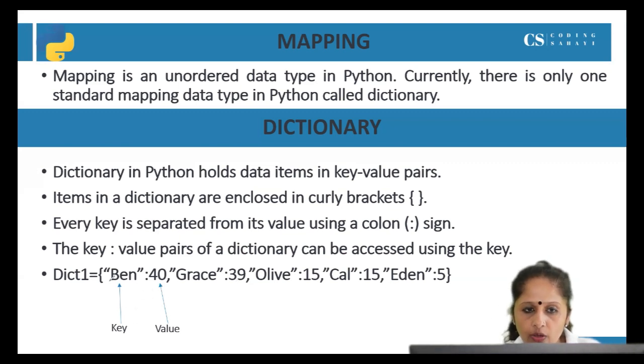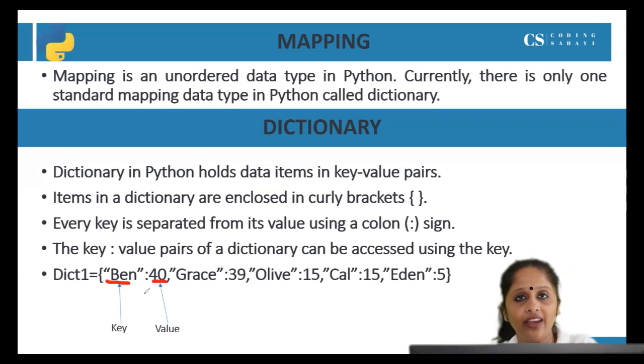Key and value are separated by colon, and each key value pair is separated by a comma. After Grace 39 we give a comma. Like that we separate the key value pairs.